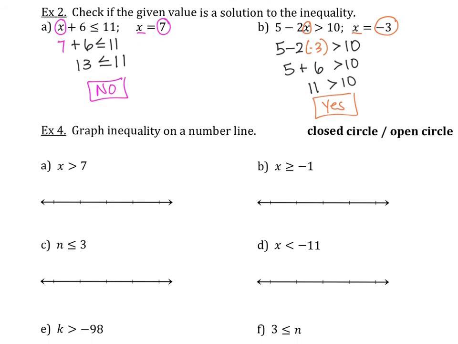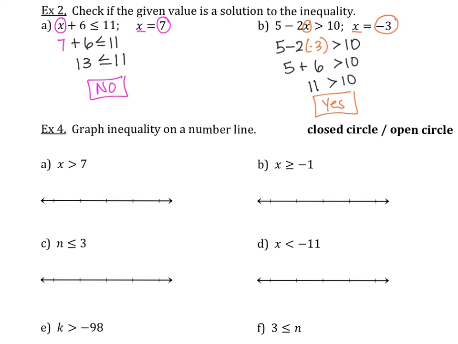Okay, now for inequalities, because there's so many solutions, we graph them on a number line, and we use a shaded region to show all the possible solutions. Okay, before we start doing this, you've all done this before. These are the ones that have closed circles and open circles on it. When I say closed circle, I mean a colored in circle.